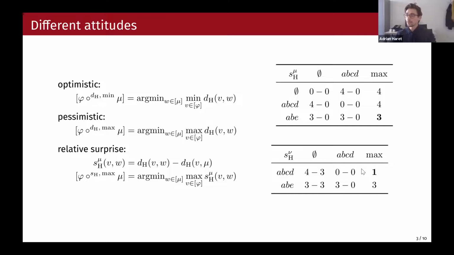And why does this make sense? Well, again, it's this idea of trying to negotiate my attitude towards surprise. So in the top example, if I'm actually in world A, in the empty set, then both of the worlds ABCD and ABE are surprising, but ABCD is not that much more surprising than ABE.